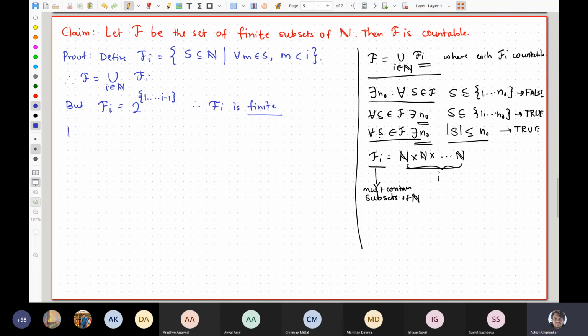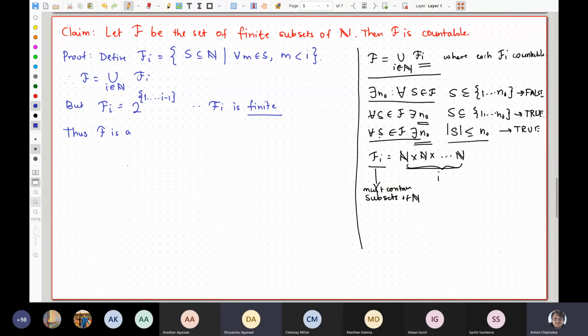Why does Fi have to be the power set? It's not necessary that capital F had all finite subsets. Look at the definition of Fi. Fi is the set of all subsets of N whose maximum element is less than i.